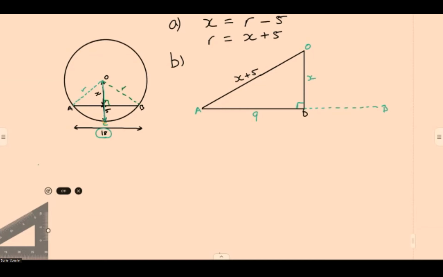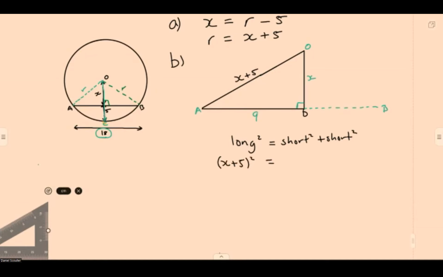Now we go back to Pythagoras. What is Pythagoras? Long square equals short square plus short square. However you want to write that, it's absolutely fine. Long squared is X plus 5, all squared.